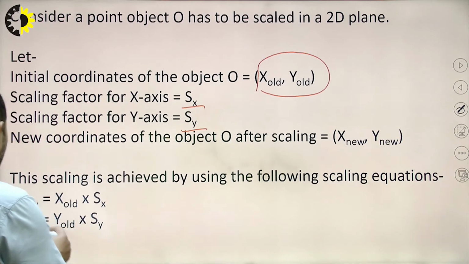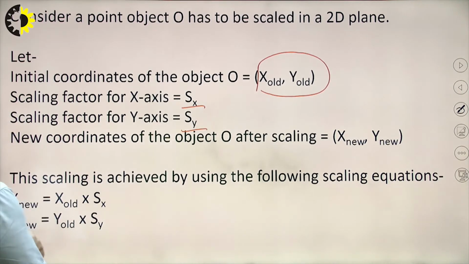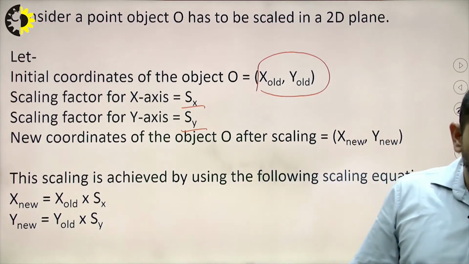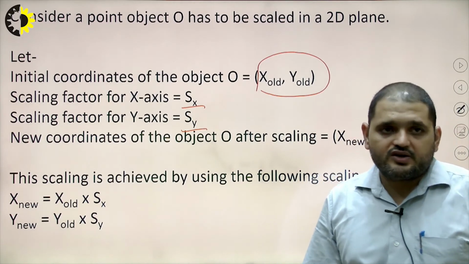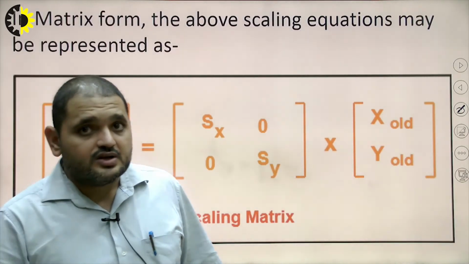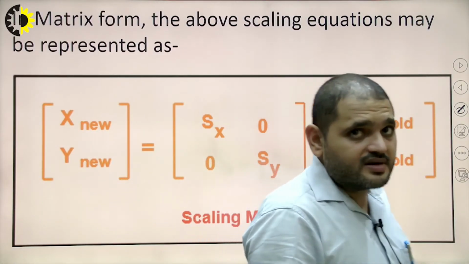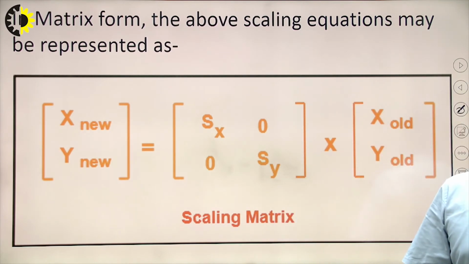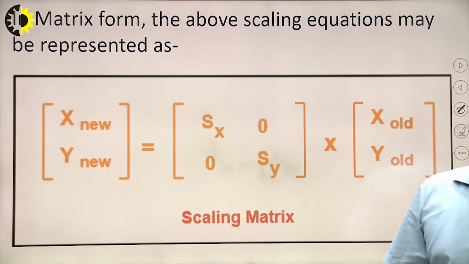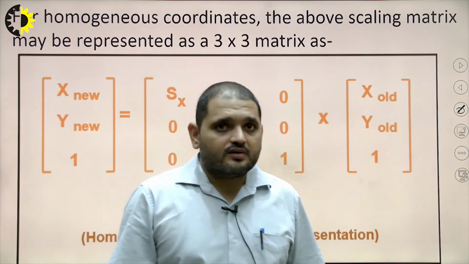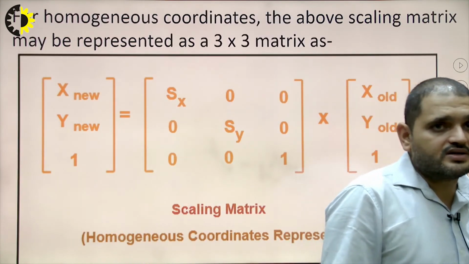So this will be the formula: x new equals x old into sx, that is the scaling factor in the x direction, and y new equals y old into sy, the scaling factor in the y direction. This can be written as a matrix equation, x new, y new equals sx 0 0 sy times x old, y old, which can again be written in 2D form. So this will be a 2D form matrix.